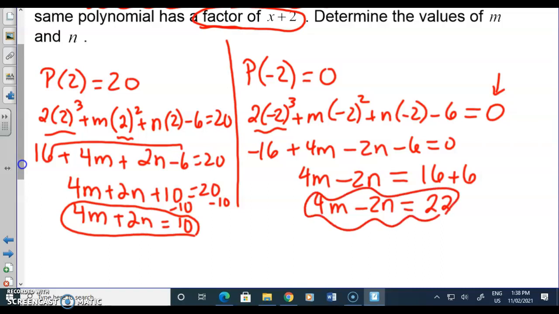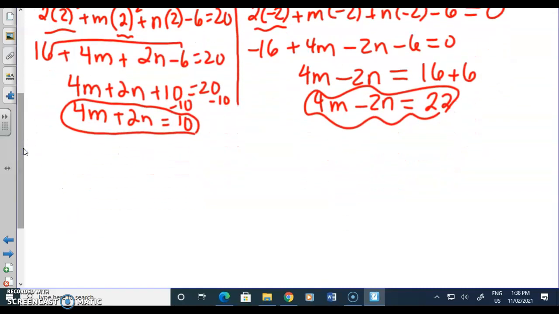Now, these two equations can be simplified because I can divide by a constant to reduce them. So let's take a look at this one again. 2 can be divided into all of my terms. So if I divide by 2, I end up with 2m, 1n, and 5.